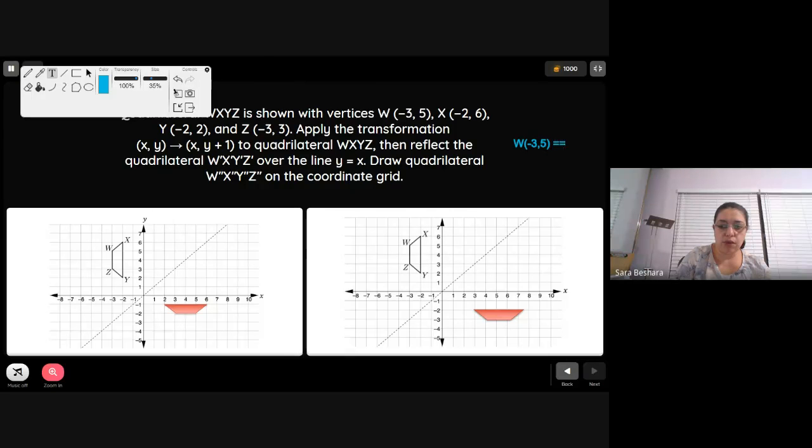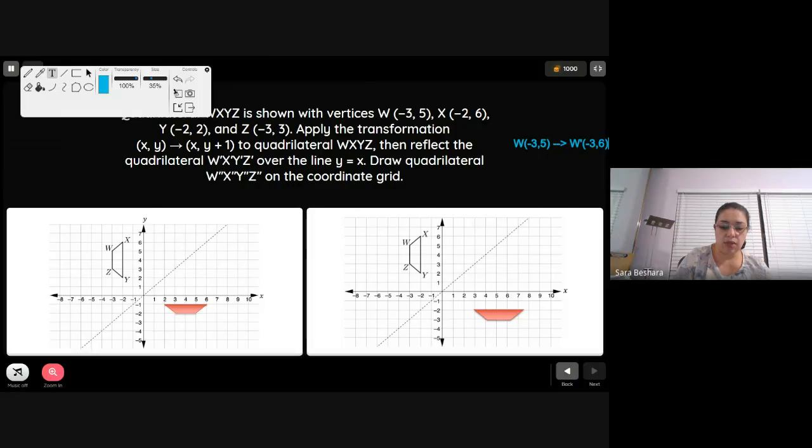I'm going to transform this according to the transformations. First we do the translation, x and y plus 1. So W prime: no change in the x, so it becomes -3, but for the y we add 1, so 5 becomes 6.